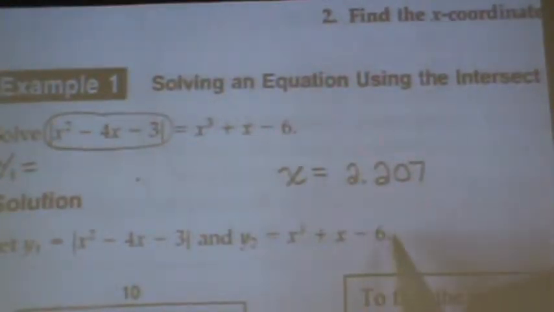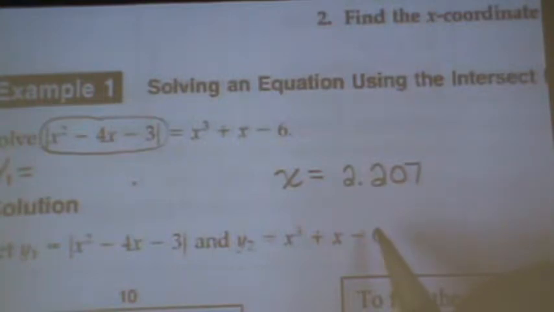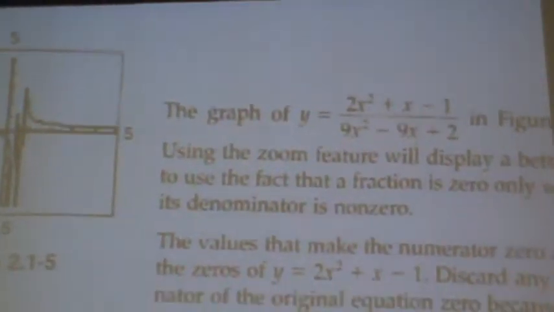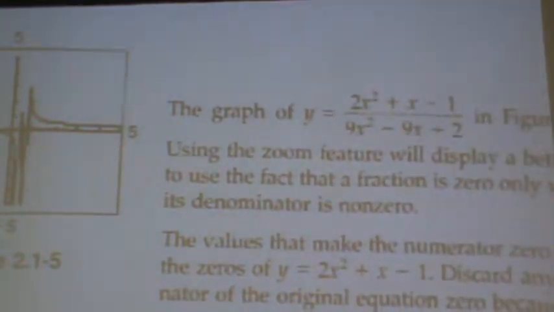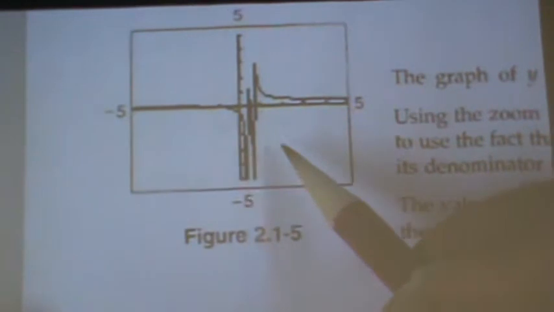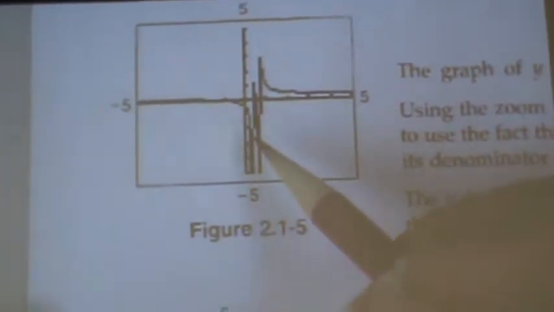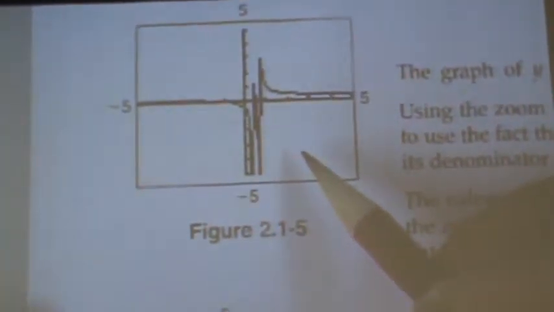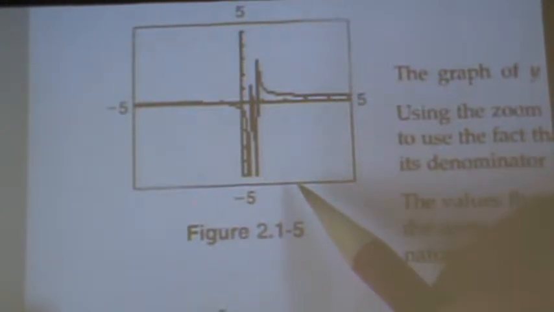Now, why we don't like this method that much is because you're gonna see, in some cases, some graphs that are hard to see where they intersect, especially on the graphing calculator. You might see something like this, and then to see where they intersect might be kind of hard.